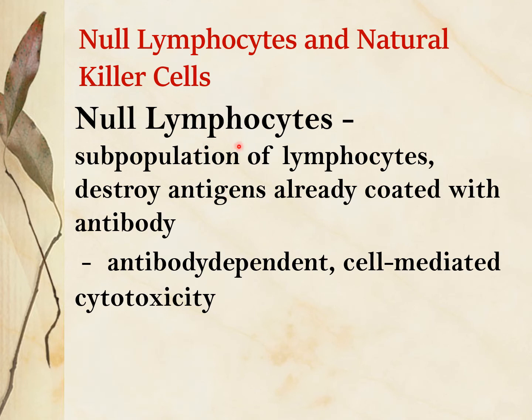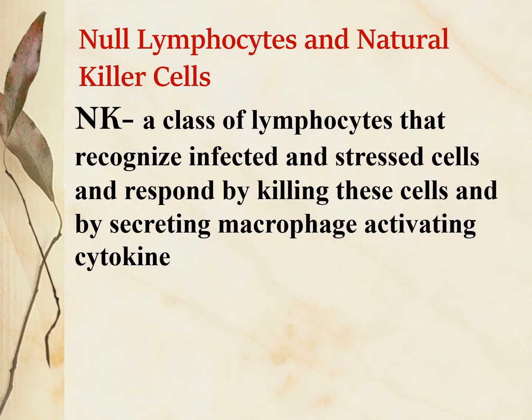Again, the null lymphocytes are a subpopulation of lymphocytes that destroy antigens already coated with antibody, so antibody-dependent cell-mediated cytotoxicity. The natural killer cells are a class of lymphocytes that recognize infected and stressed cells, and respond by killing these cells and by secreting macrophage-activating cytokines.